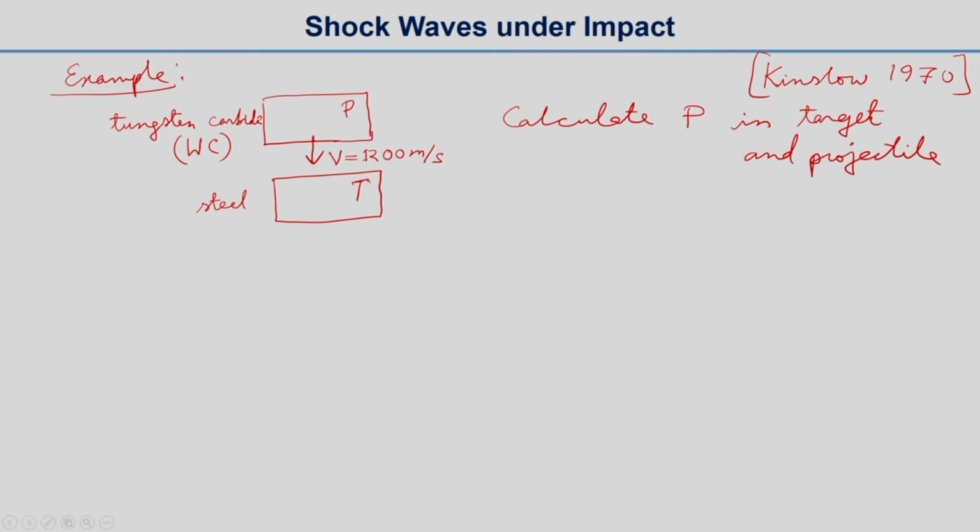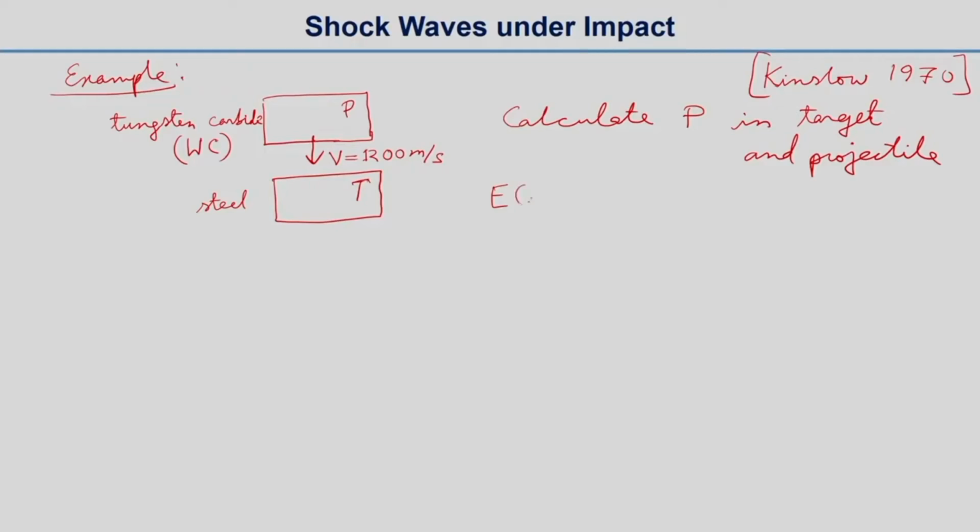For that we need the equation of state for these two materials, and also we need the density of these two materials. The density of steel, I will write rho naught T, T for target, and this will be 7.85 gram per centimeter cube.